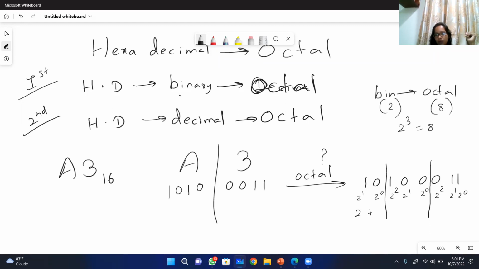Here 2 plus 0, 4 plus 0 plus 0, 0 plus 2 plus 1. Here 2, 4, here 3. So the answer is 243 in base 8.